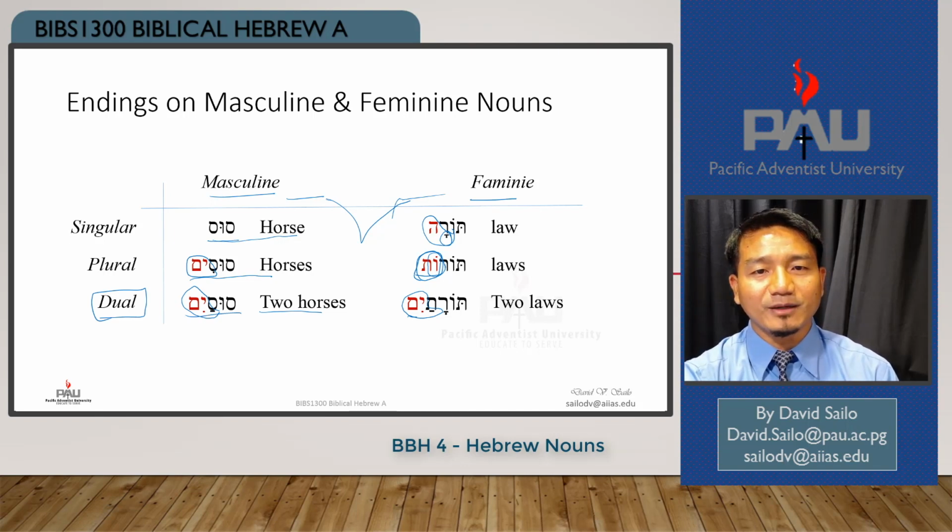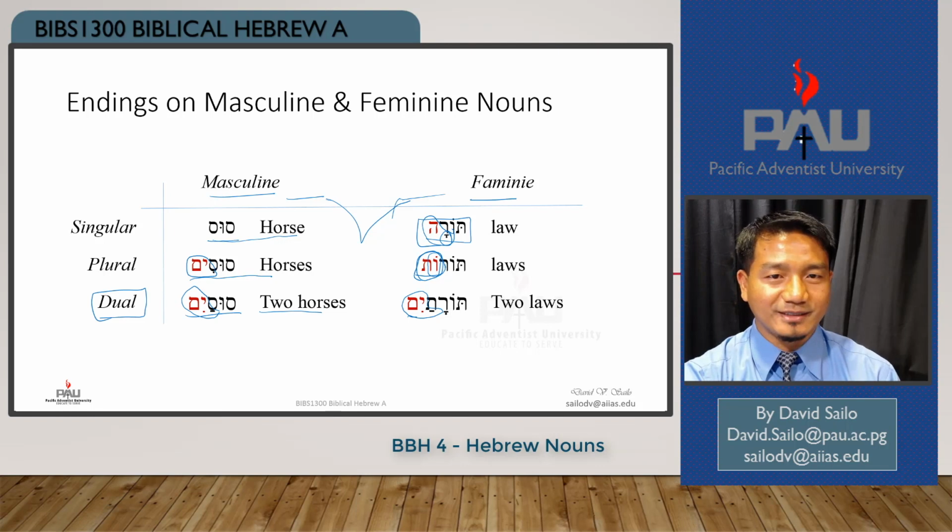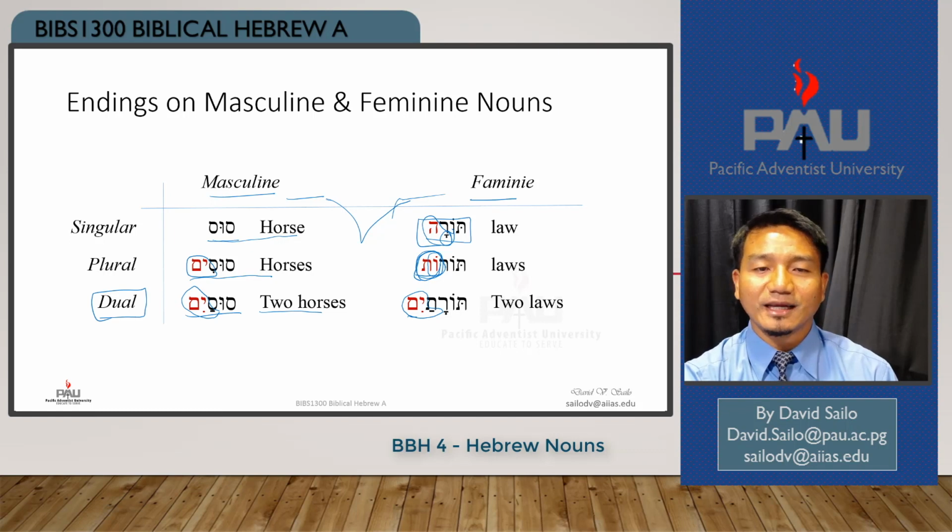Here we have the feminine word Torah. If we want to make this Torah into many Torahs, many laws, we are going to add this holem vav and tav, ot, and we say torot, and it becomes many laws.